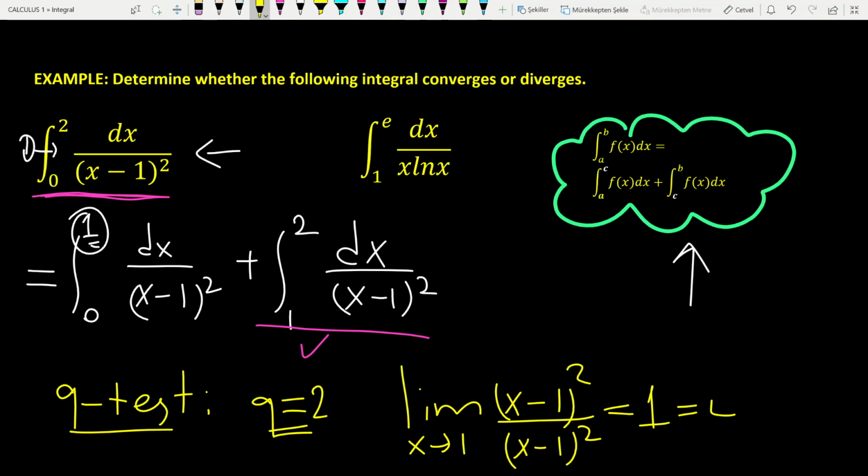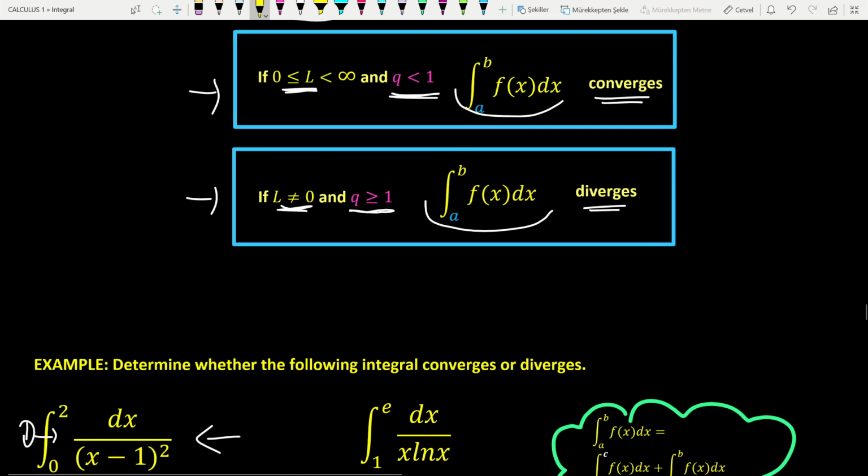This is L. L is a finite number and Q is greater than... Let's look at the test again. Q is greater than 1. Okay, Q is greater than 1. And L is a non-zero number. In this case, the given improper integral diverges according to this test.